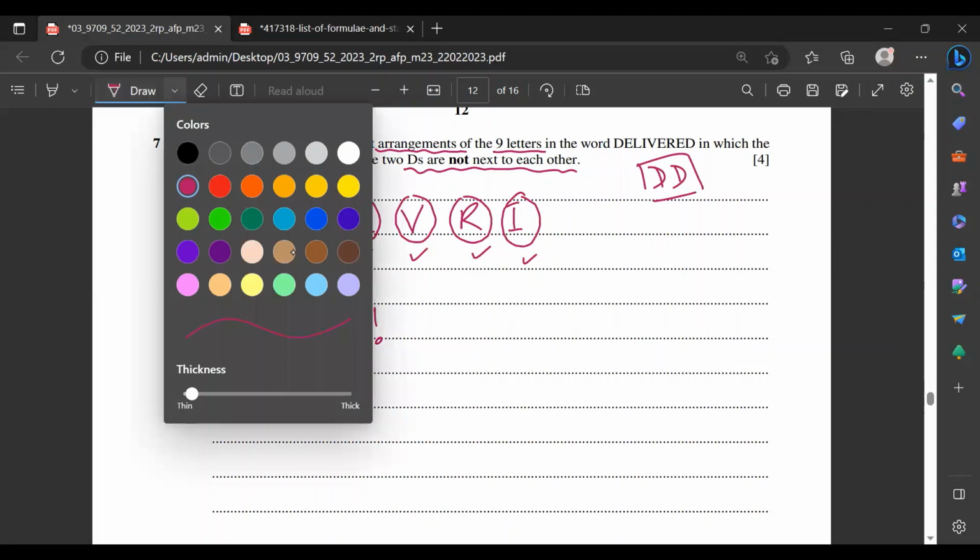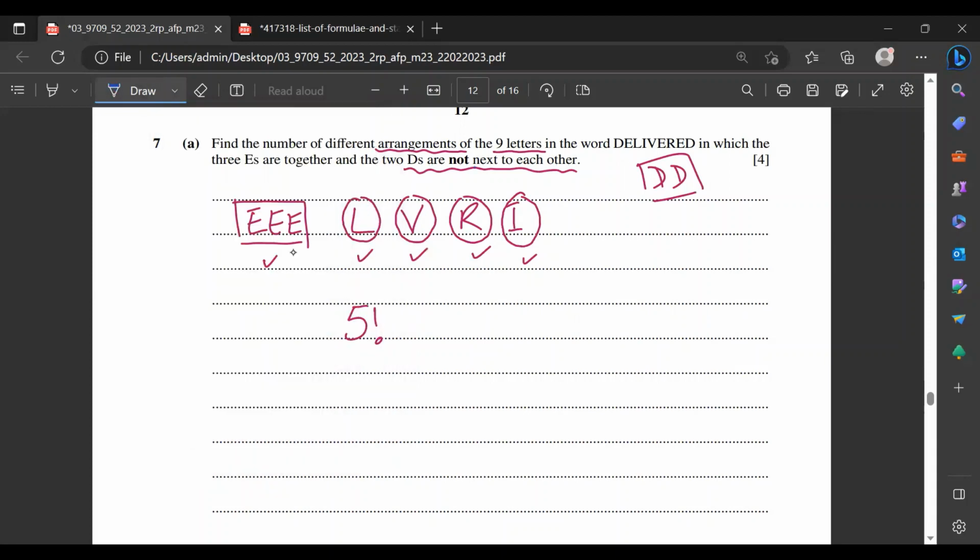So let us find the possible positions for D. I'm pointing out the positions: out of these six positions, if you place the D's at any two of them, they are separated.